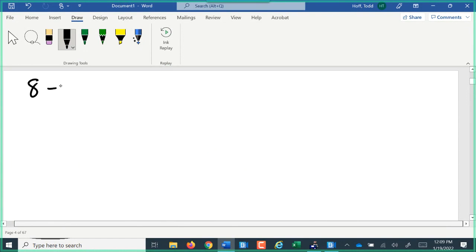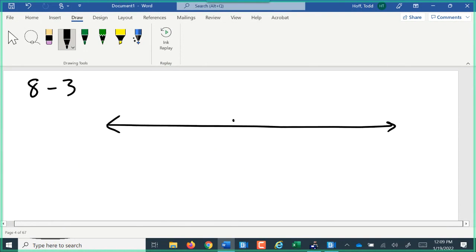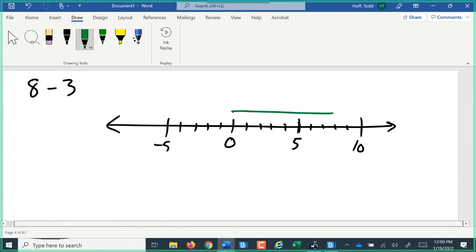If I do 8 minus 3, if I asked you to draw a vector diagram, most people would come up with the same diagram. It would look like this. 8, subtract 3, we end up at 5. We all know that 8 minus 3 is 5. We've done enough subtraction that we can come up with that answer.